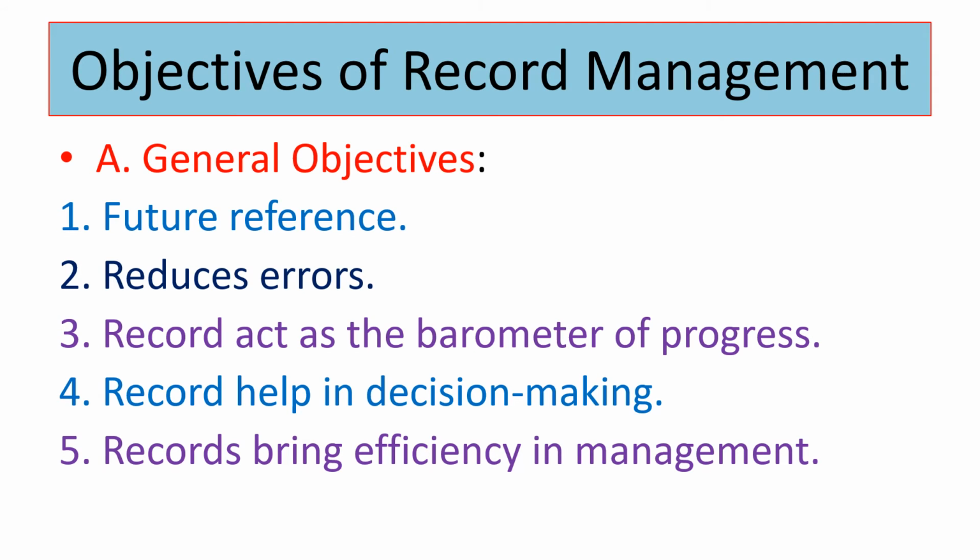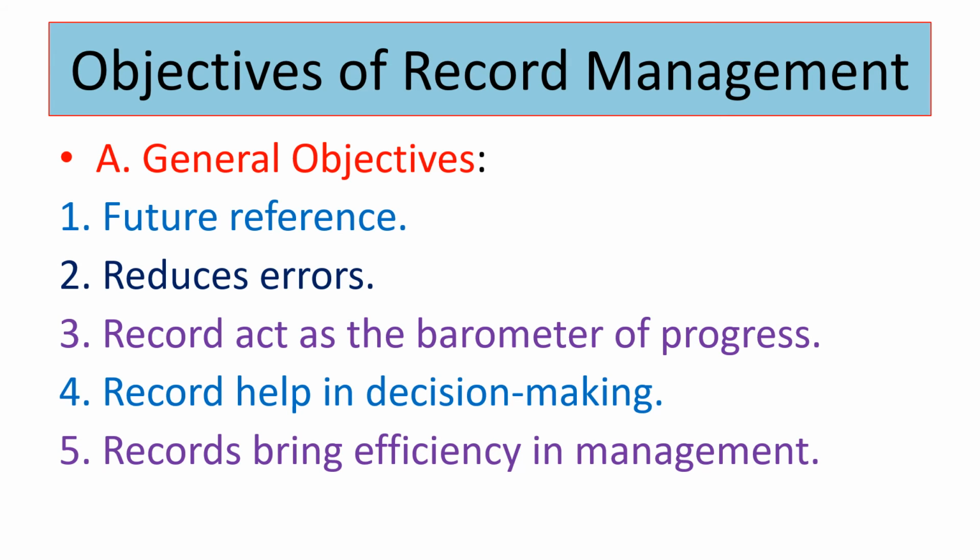Next point is records help in decision making. Management needs various types of information for taking decisions. If a business does not possess records, it is difficult for the management to take decisions.